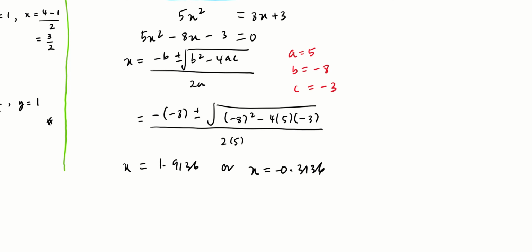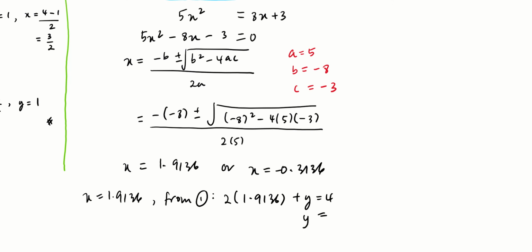As usual, when my x equals 1.9136, from my first equation, it says 2 multiplied by x, so multiplied by 1.9136 plus y equals 4, and I will get y equals 0.1728.